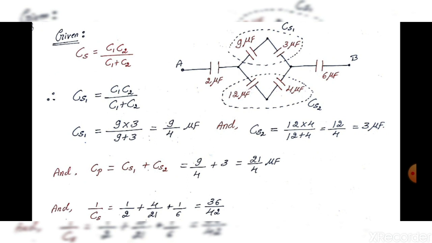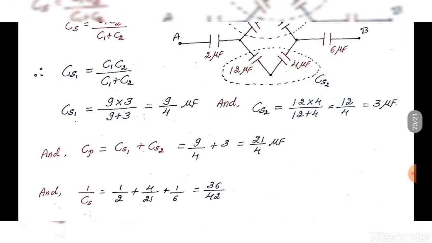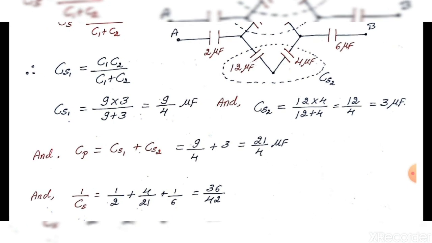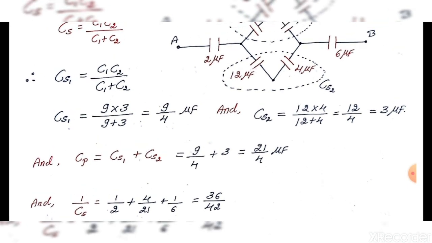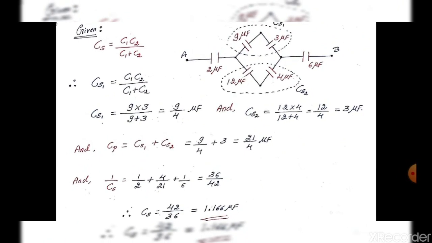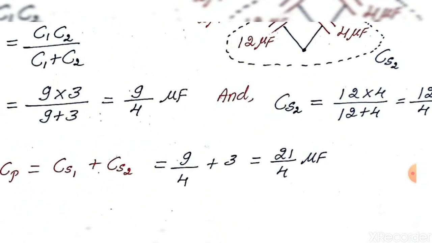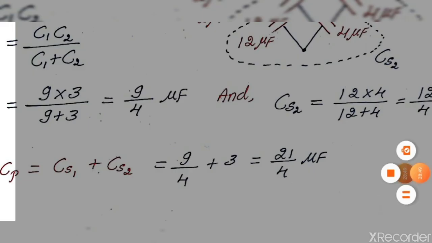Now 2 microfarad, this quadrilateral value CP, plus the 6 microfarad. All are in series. Hence use the formula 1 by Cs. This 1 by Cs becomes 1 by 2, this is the first one, right? This is a 2 microfarad. And next 4 by 21, because that is 1 divided by 21 by 4.